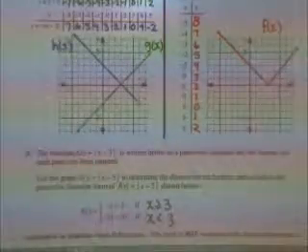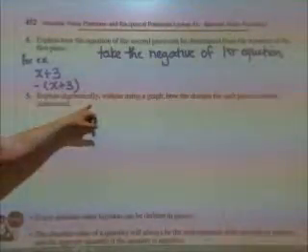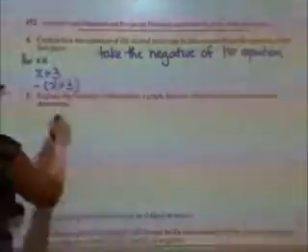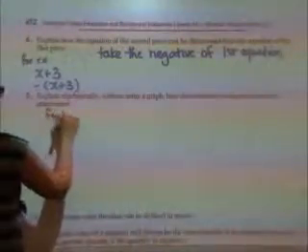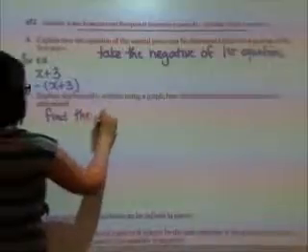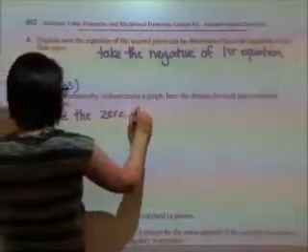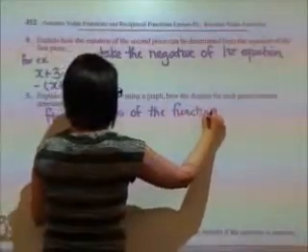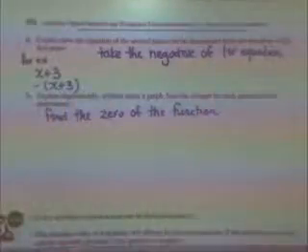So to find the domain, or how the domain piece would be determined, we would find the 0 of the function. That would be our first step.